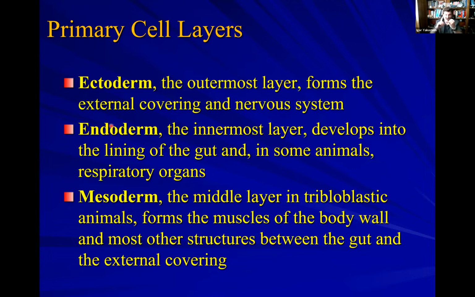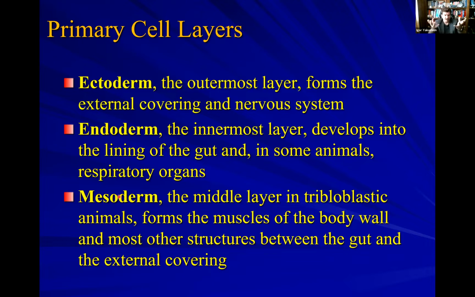Everything in between, bones, muscles, and so on, some of the internal organs such as liver, will be made mostly out of the mesoderm or developed from the cells of the mesoderm. Make sense? So everything in between the digestive tube and the external covering. Everything else, with some exceptions, of course.